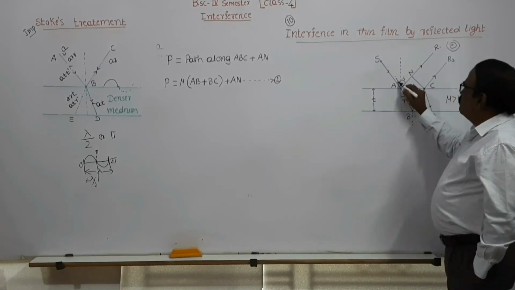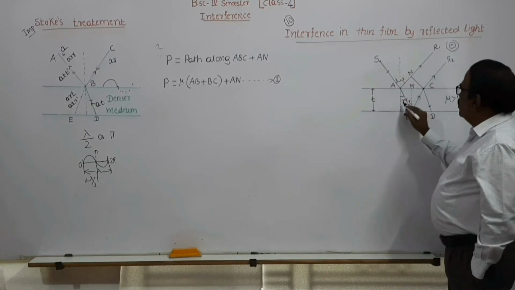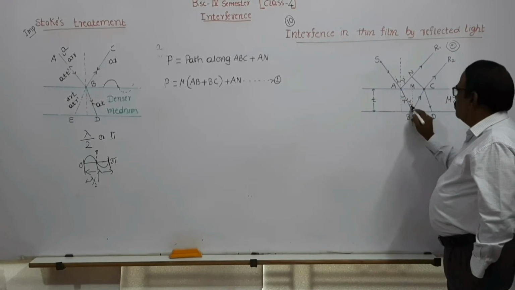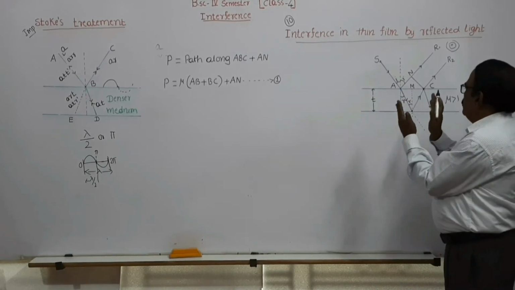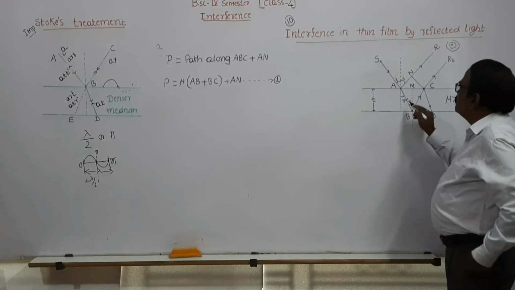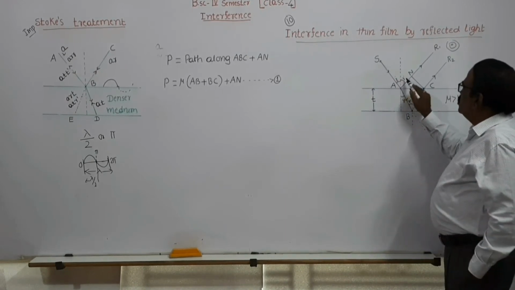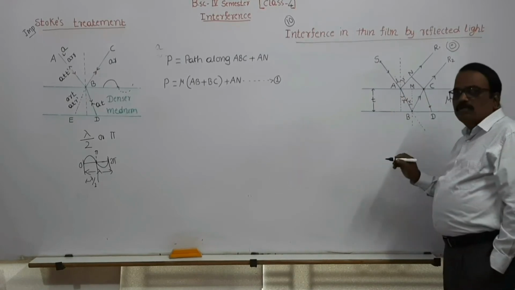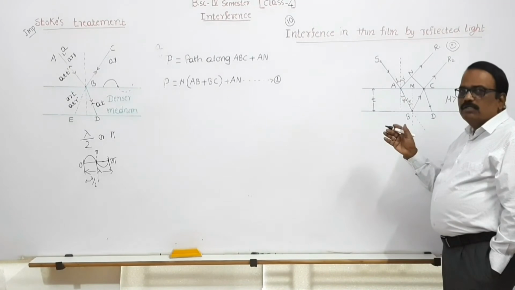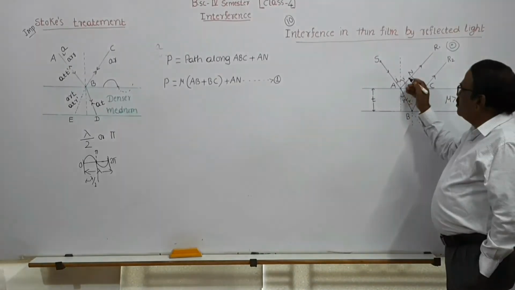I is the angle of incidence, R is the angle of refraction. This angle and this angle are the same because they are alternate angles between the two parallel boundaries. And if this is I, this is also I, because by the law of reflection, angle of incidence is equal to angle of reflection.